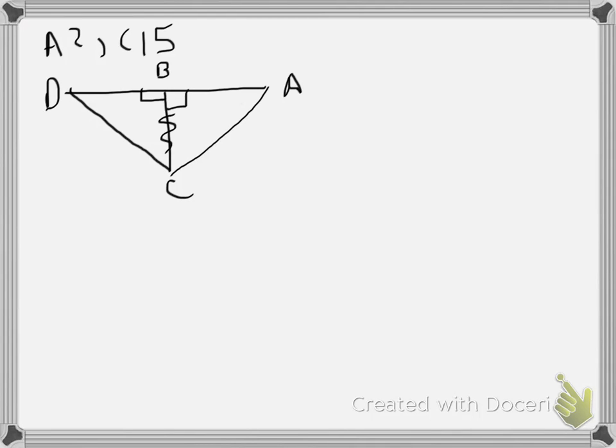So the extra information in this problem was that this was a right angle, and it also says that AB and DB are the same. Okay, so we've got that there.